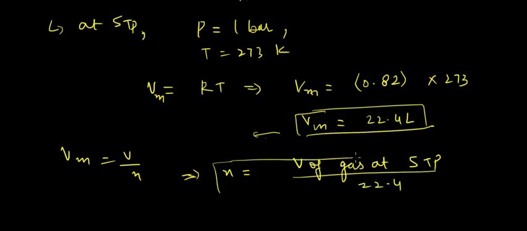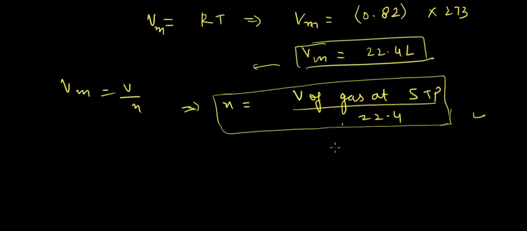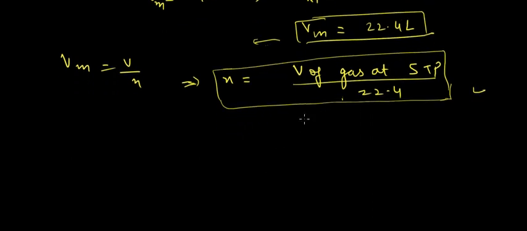This would give you the number of moles if you have been given the volume of a gas. Or you can also say that 1 mole equals 22.4 liter of gas at STP.